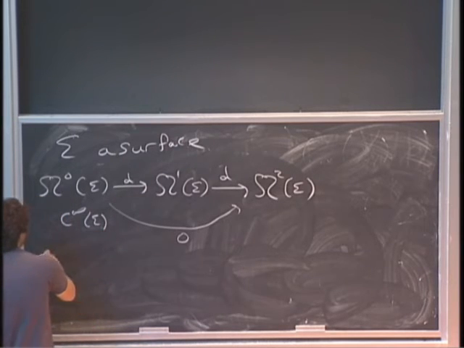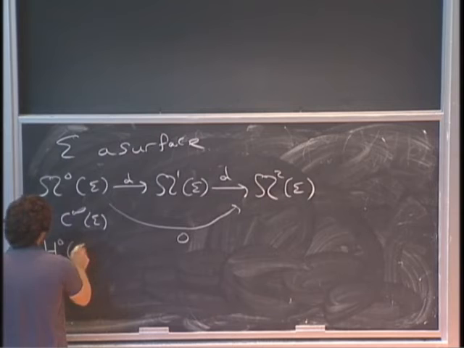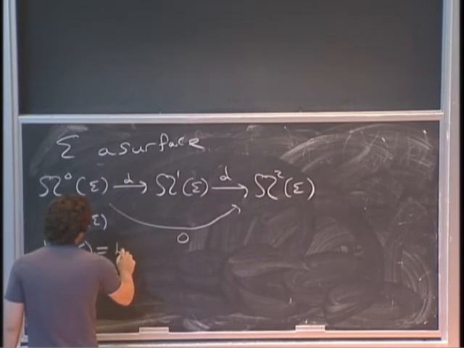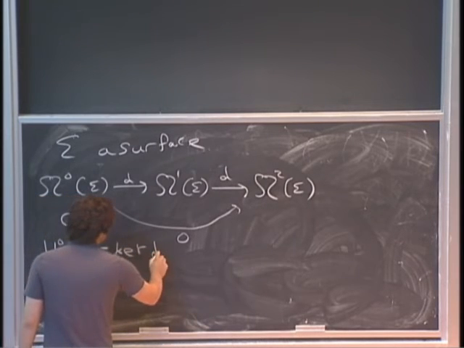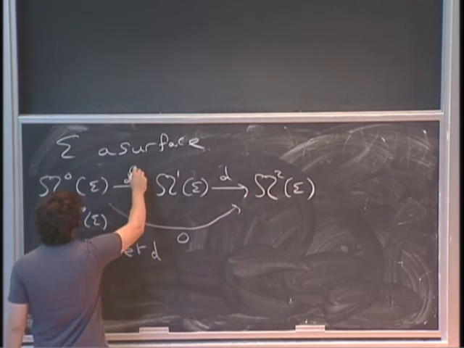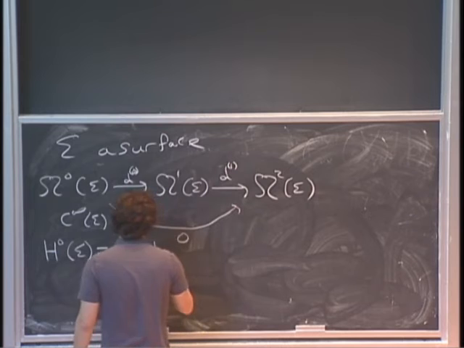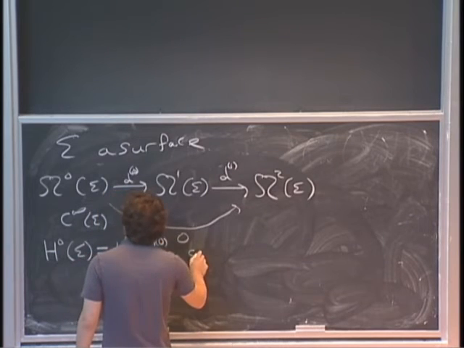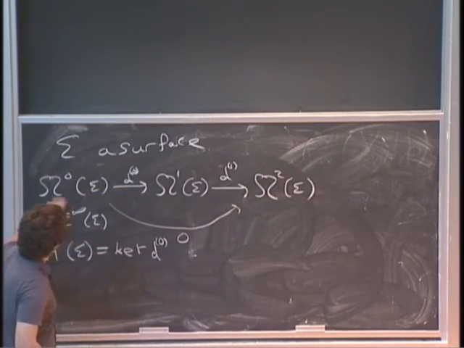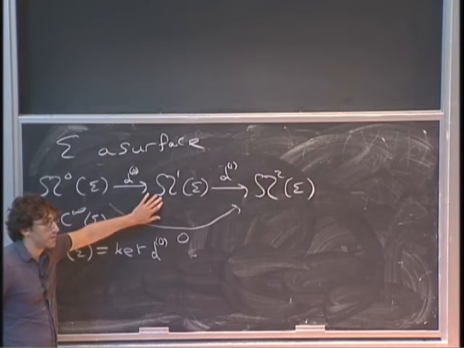So we have the following important linear spaces, which are the de Rham cohomology groups. The first is H0 of Sigma. This is equal to the kernel of the map. Let's just for the time being call this d0, and let's call this d1. This is the kernel of the map d0. So these are the functions whose exterior derivative is 0.